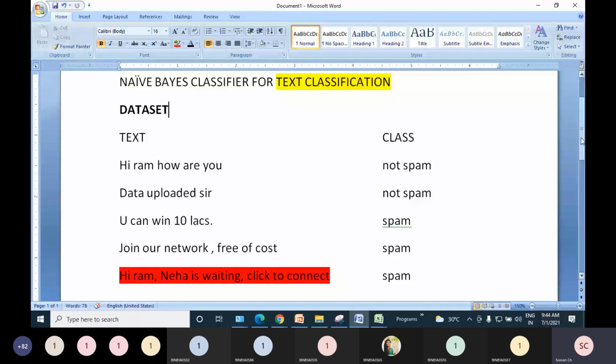Based on the possible values of those four variables, our outcome was decided. What was our outcome? Whether a person will go for playing tennis or not. So playing tennis was our outcome variable, and its possible values are yes or no, but it depends on four attributes: outlook, temperature, humidity, and wind.